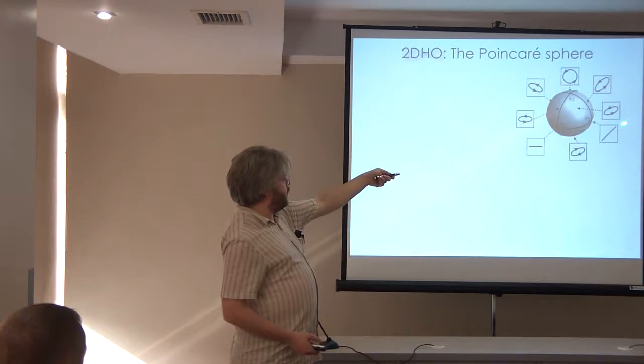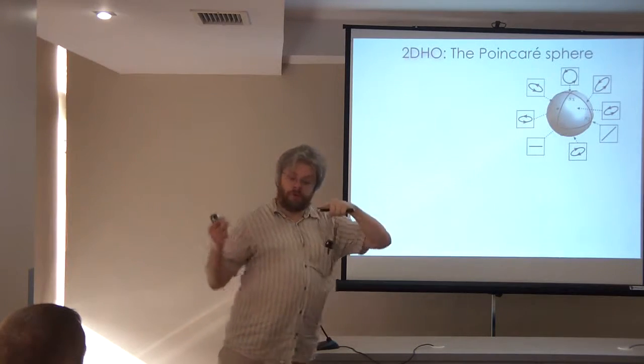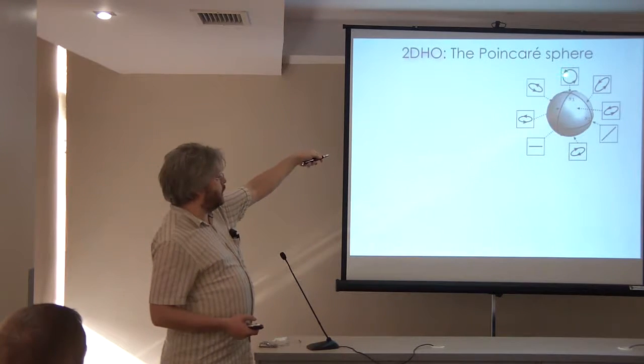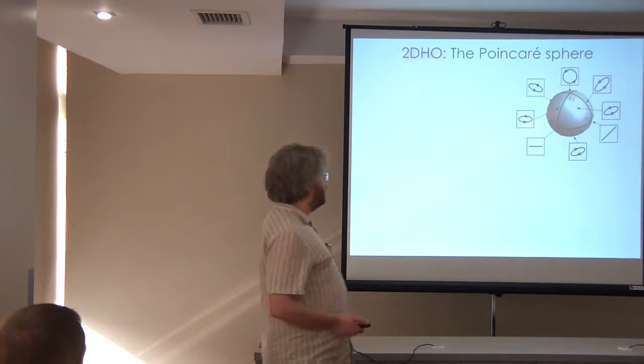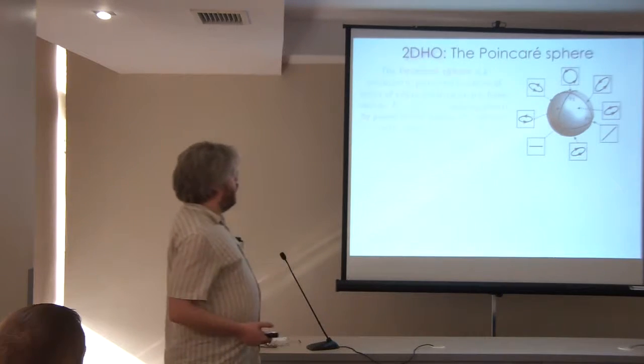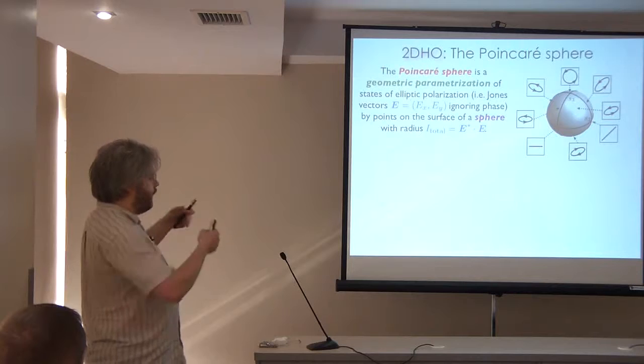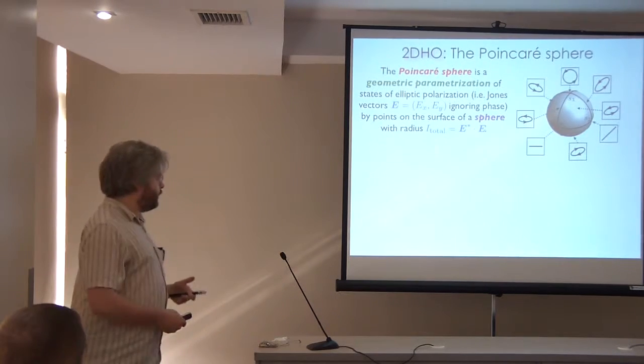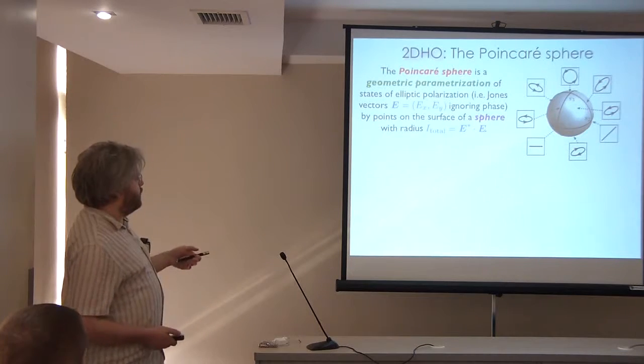On the equator are all the linear polarizations with different angles, and the North Pole is right-handed circular, and the south pole is left-handed circular. And it turns out this is a very natural way of thinking about polarization. It's certainly what we're supposed to be using.